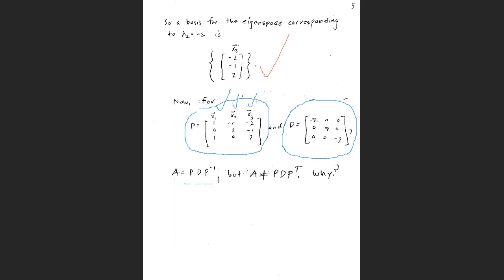But the matrix A is not going to equal P times D times P transpose. And we'll ask why. So let me give you a moment to catch up here and think on that for a moment.